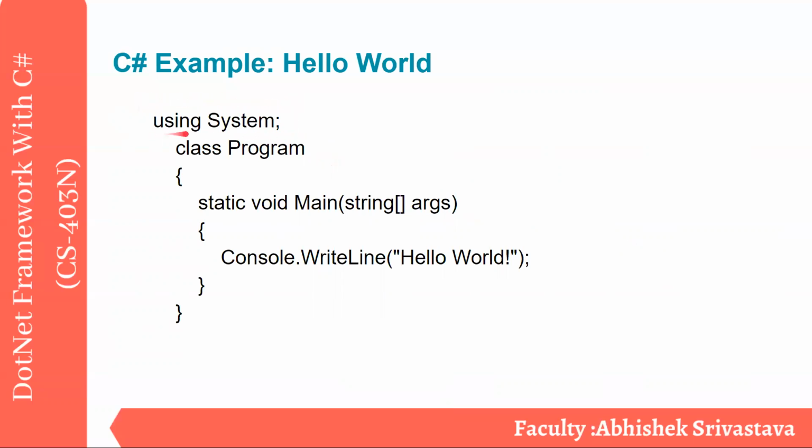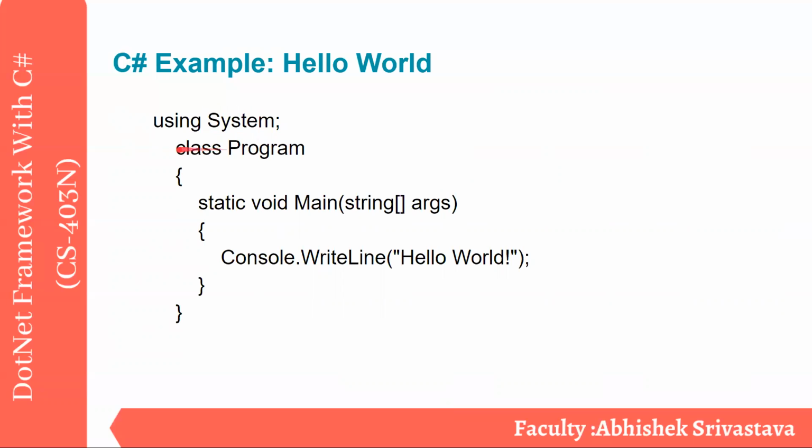Just like in Java we use the import statement, here we use the using keyword. Import keyword and using keyword do the same. System is a mother package, meaning all the utility kind of things are here. Just like you want to interact with the user, we can interact with them similarly.